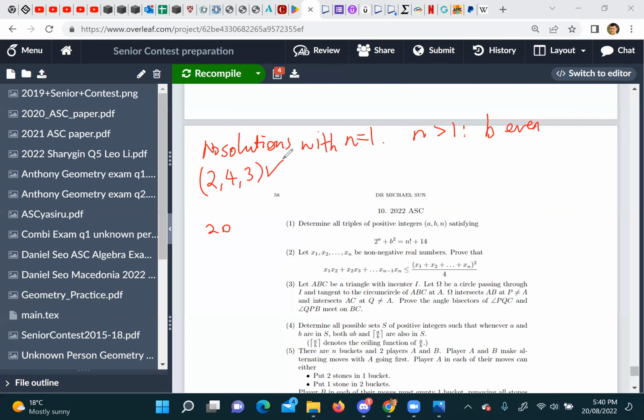Nice. How does that work? N is 3. Oh, I see how that works. 4, 2, 3 also works. So 4, 2, 3 means 16 plus 4. Oh, it's the same, but the other way around.